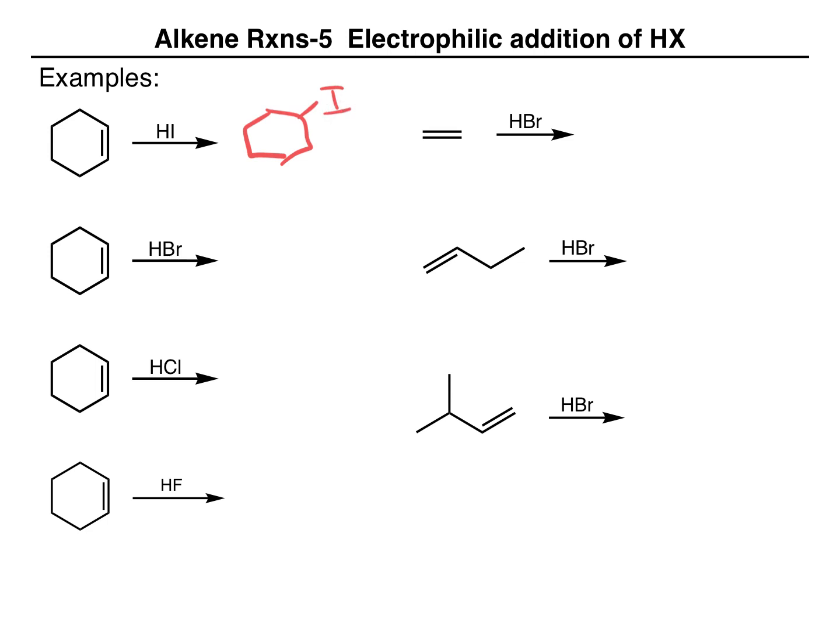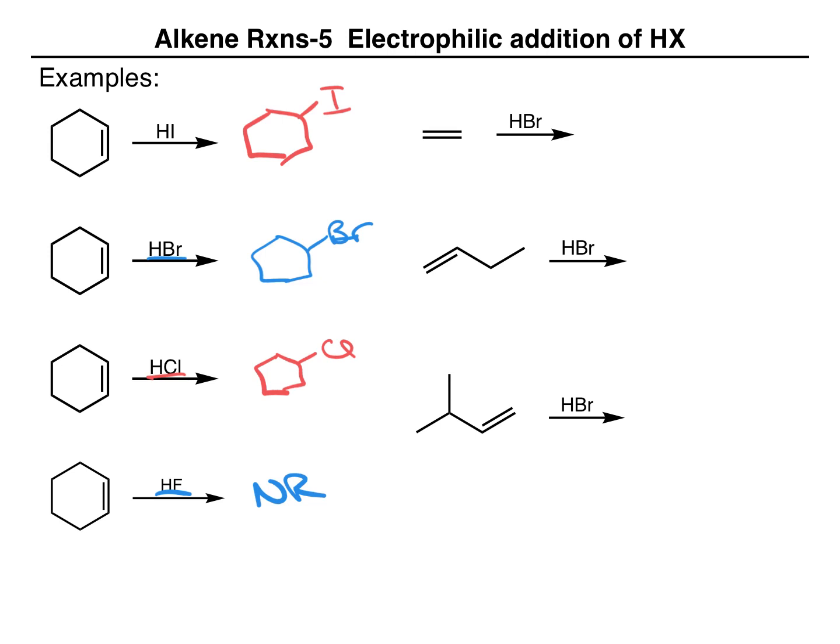If we carry out this reaction using HBr, we add H and Br across the double bond, giving an alkyl bromide. If we use HCl, we add H and Cl across the double bond, giving us an alkyl chloride. And finally, if we tried this reaction with HF, we really get no reaction.